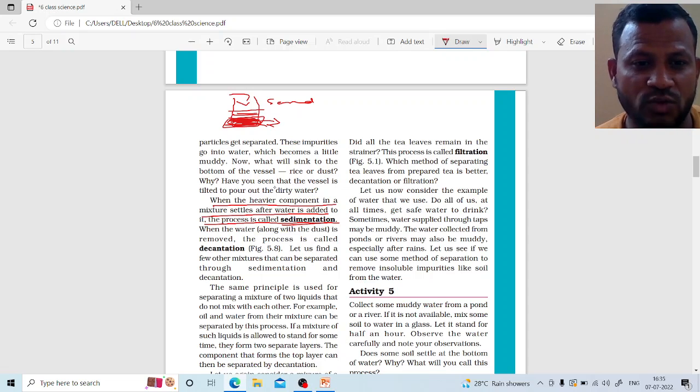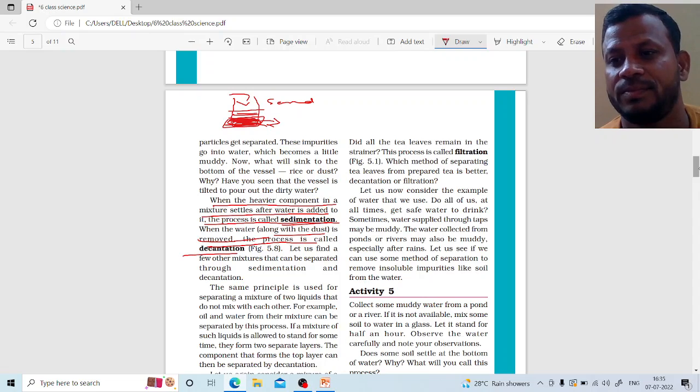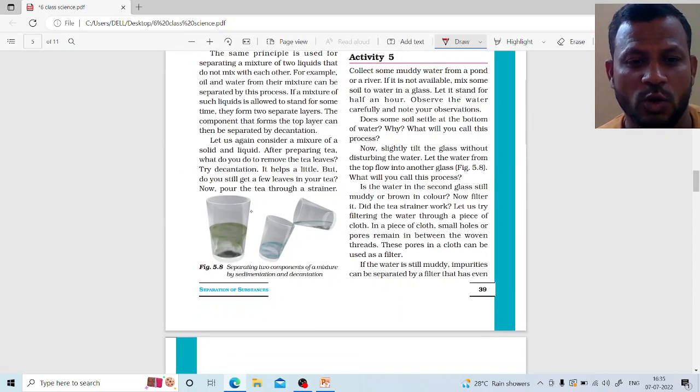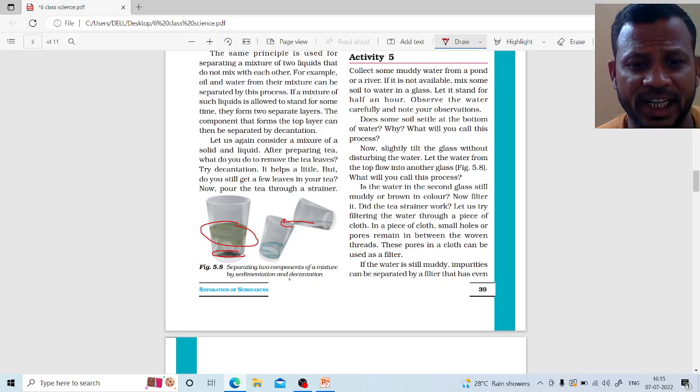Next one is when the water along with the dust is removed, the process is called decantation. Removal of a waste product. Look here, this is the sedimentation where the waste product has settled down at the bottom of this glass. And slowly we remove the pure water from one container to another container, that is known as decantation.